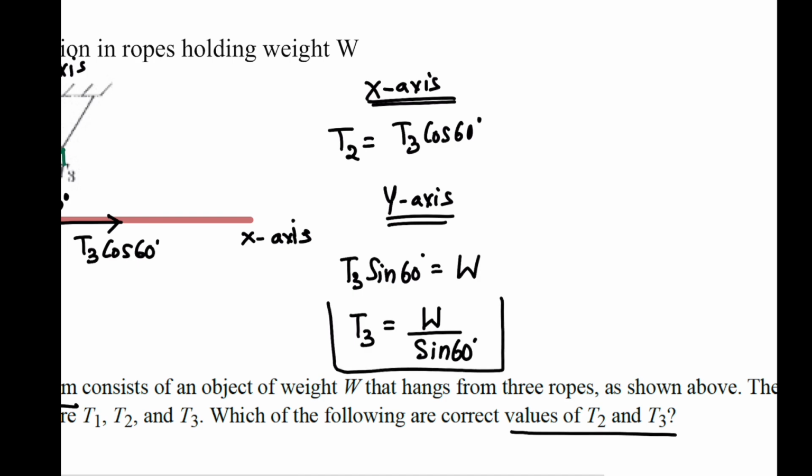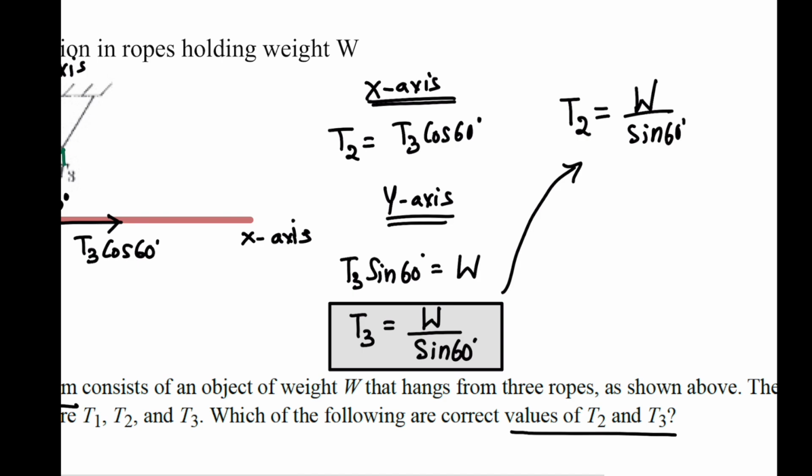So that's the expression for T3 in terms of W. Now we can use this T3 in the first equation here, and we can get T2 also in terms of W. So T2 equals T3, which I'm going to write as W over sine 60, which I got from here, multiplied by cosine 60, which we already had in the equation. So we can write this as T2 equals W cosine 60 over sine 60.